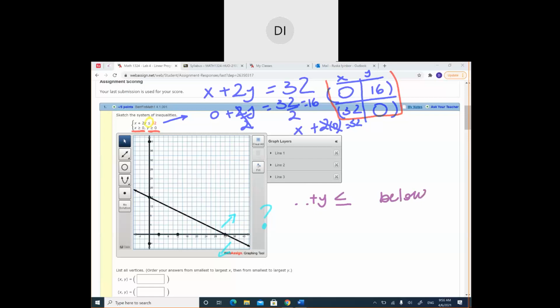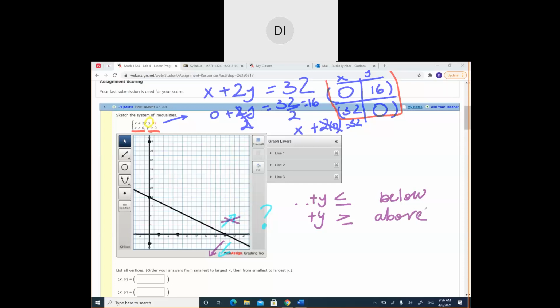So that means I need to shade over here, going down, not there. And the rule is, if it's positive y and the sign instead of less or equal is greater or equal than a number, you're going to shade above the line. Okay? So this is the rule.